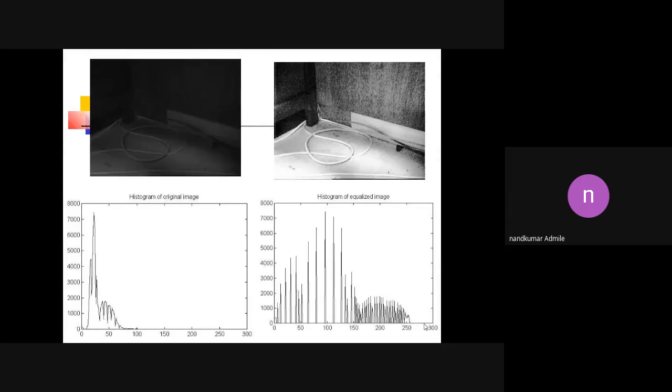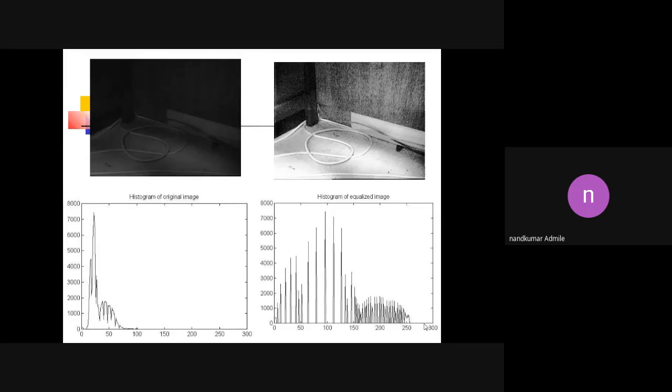As we observe on the right hand side, after histogram equalization the image looks bright, and we also draw the histogram of that equalized image, where all the pixels are distributed in a wider range. So this is the purpose of histogram equalization.